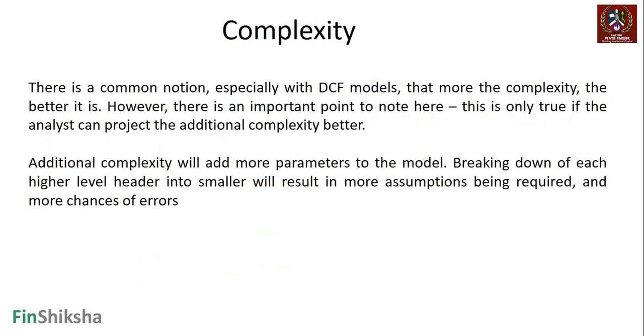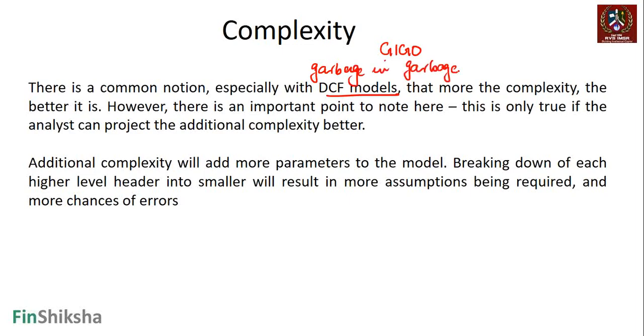Let's look at the second one, which is complexity. Now, there's a common notion, especially with DCF models and any kind of financial models, that the more complex an Excel model is, the better it is, right? Now, remember, all financial models follow a principle of GIGO. GIGO stands for garbage in, garbage out, right?